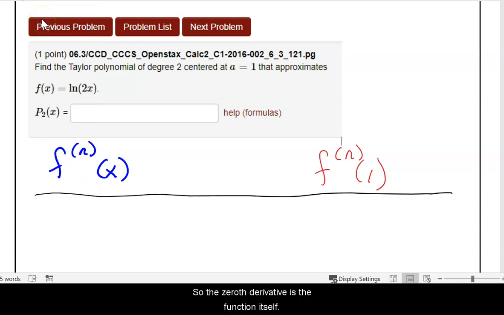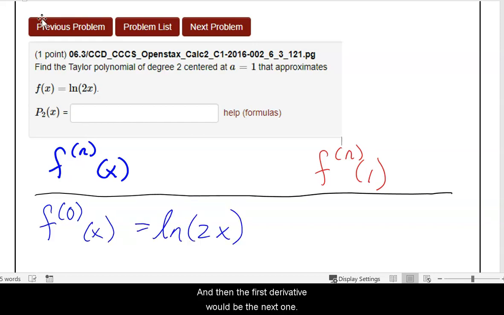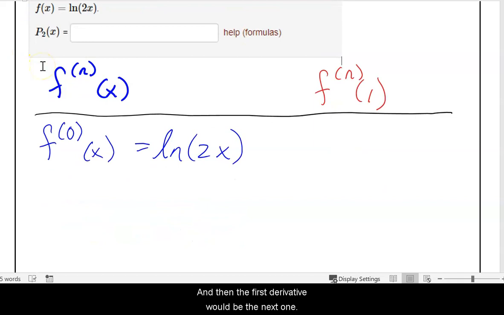Okay, so the zeroth derivative is the function itself, and that is just going to be the natural log of 2x, right? So the zeroth derivative means don't do the derivative, basically. And then the first derivative would be the next one.